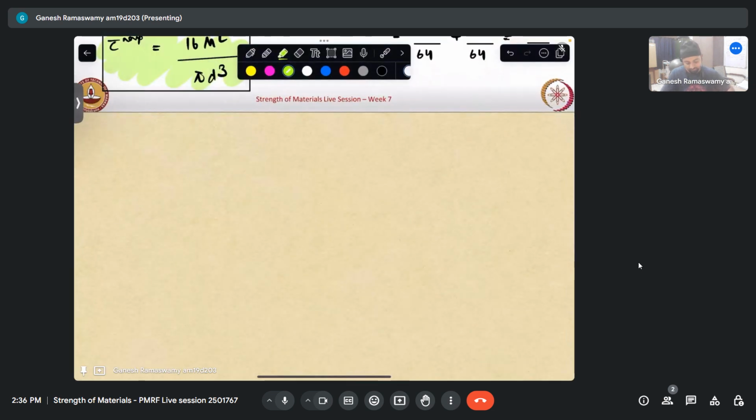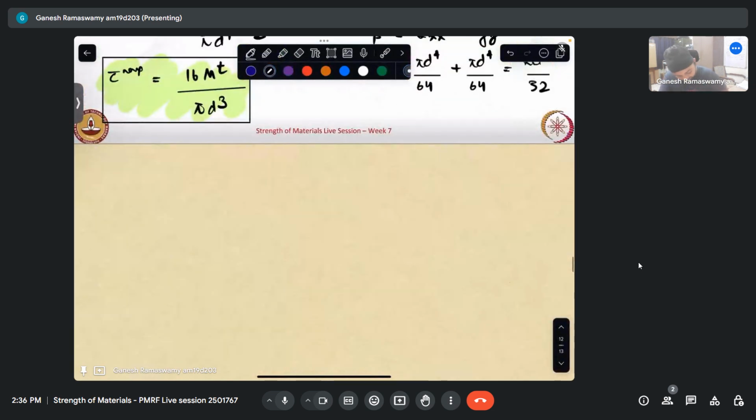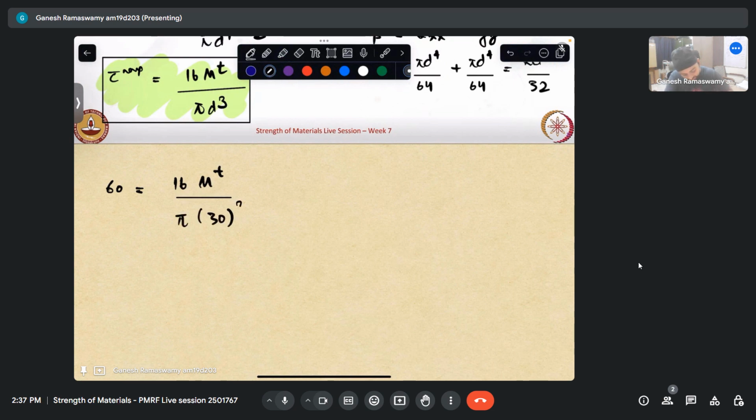Okay, so this is given to be 60 equals 16 Mt by pi d cube, with d is 30, or Mt comes out to be 30 cube pi into 60 by 16. We have been asked in Newton meter, so this E minus 3 will be in Newton meter, which comes out to 318.09 Newton meter.